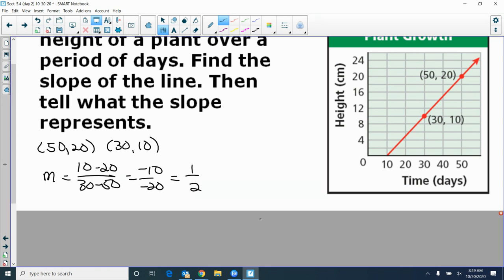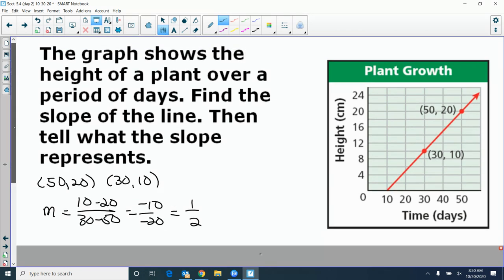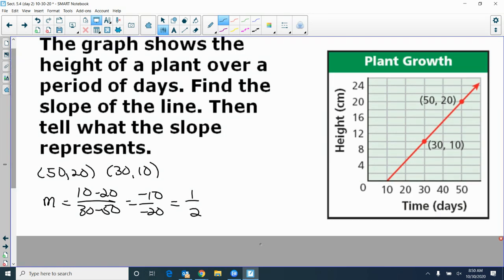Alright, what does this represent in that situation? Can you give me a sentence for what it represents? Any ideas? Scroll up just a little bit so I can see the top of that graph. It's rise over run.